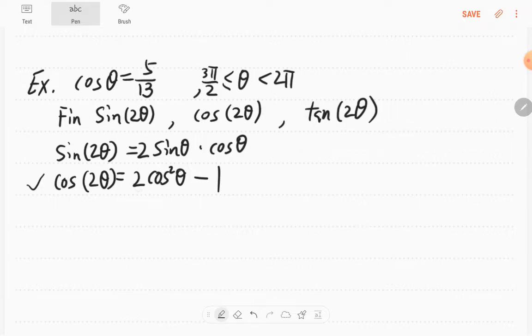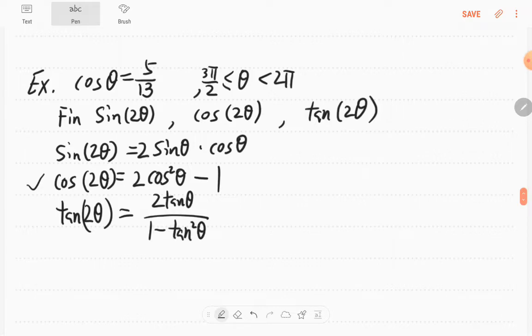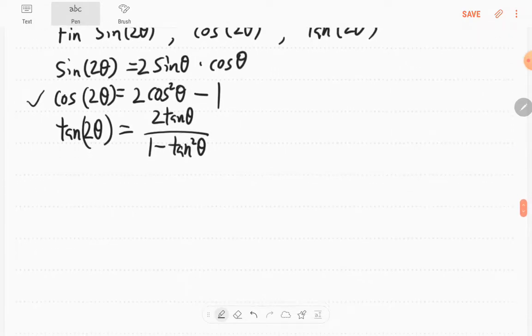It becomes 2 times 5 over 13 squared, then minus 1. And tangent 2 theta equals 2 tangent theta over 1 minus tangent square theta. So in other words, we need to know what tangent theta is.